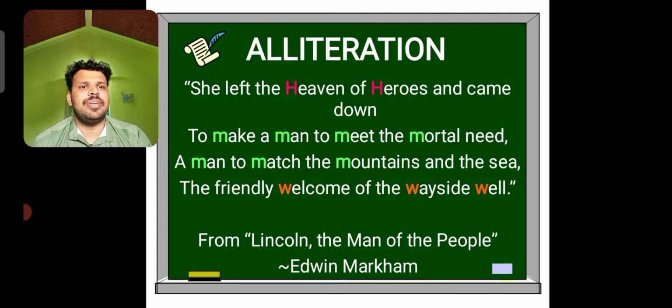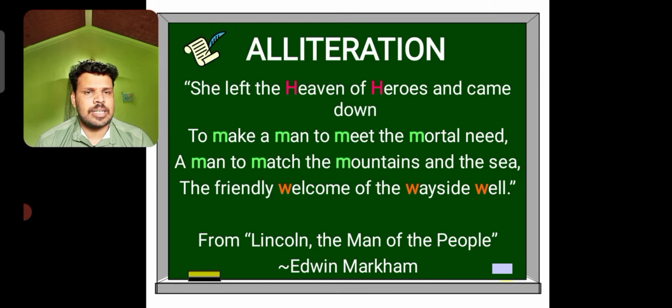She left the heaven of heroes and came down to make a man to meet the mortal need, a man to match the mountain and the sea, the friendly welcome of the wayside well. These are the lines from Edwin Markham's poem Lincoln, the Man of the People. You can see the example of alliteration in these lines. In the first line, the initial sound of H, heaven of heroes.